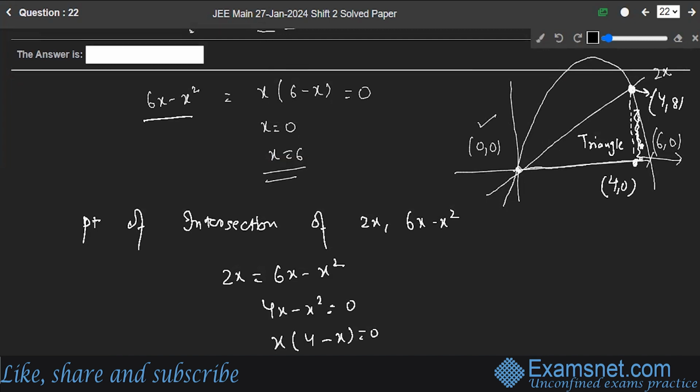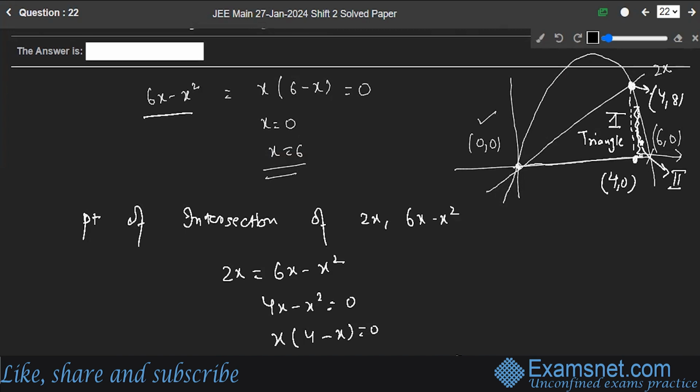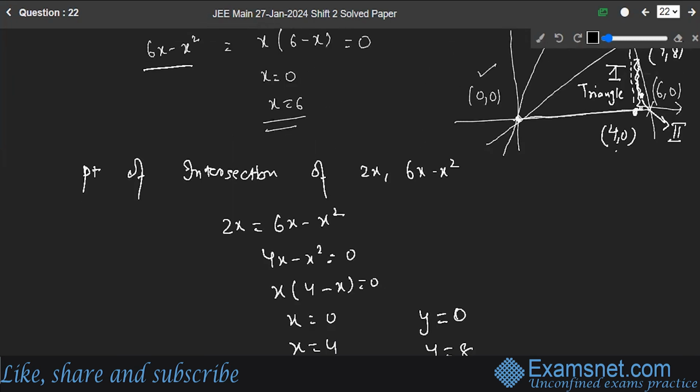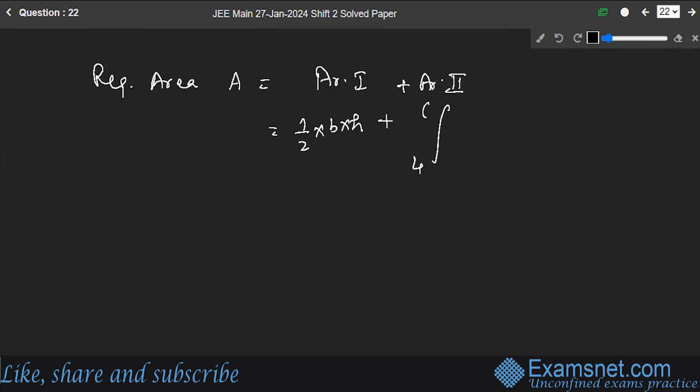Now you have to find out the area of this triangle. Let's say this is region 1 and this is region 2. Now the required area A is equal to the area of region 1 plus the area of region 2. This is your triangle, half into base into height, and this is your parabola, with limits from 4 to 6, the integral of 6x minus x square dx.